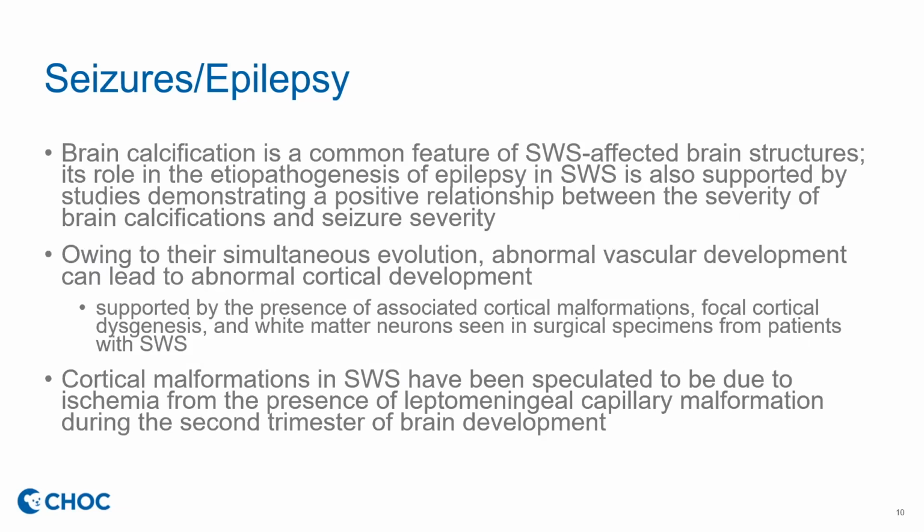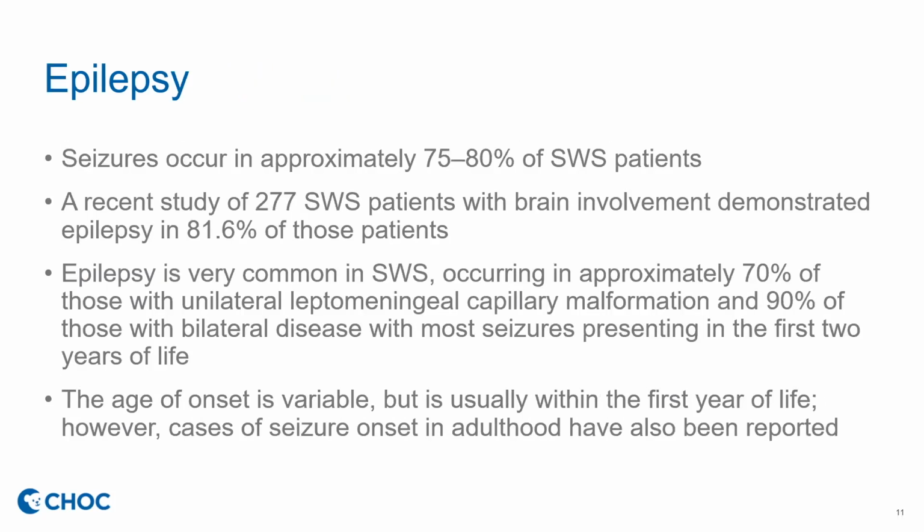So why do we care? Why is an epilepsy doctor excited about patients with vascular malformations and seizures? Seizures are very common. Epilepsy is really common in patients with Sturge-Weber. The majority of the patients, 75 to 80% of the patients with Sturge-Weber syndrome, and I mean patients who also have involvement of the brain, have seizures.